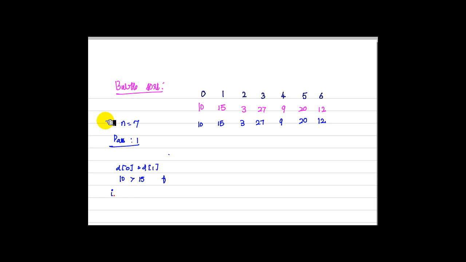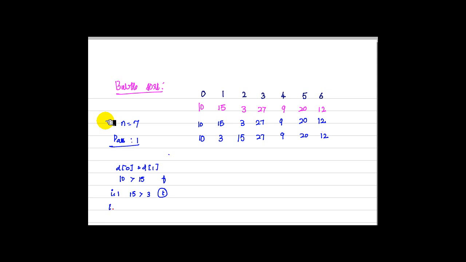Now i gets incremented to 1. We check whether the element at position 1, 15, is greater than 3. Is 15 greater than 3? Yes, it is true. We interchange only if the condition is true, so 3 and 15 get swapped and the rest of the elements are retained as such.